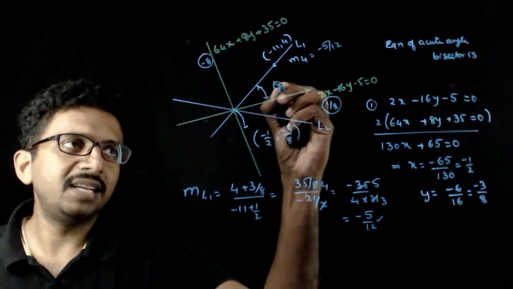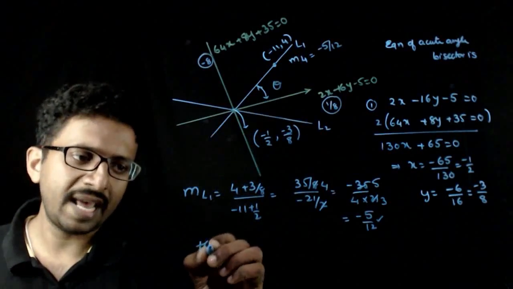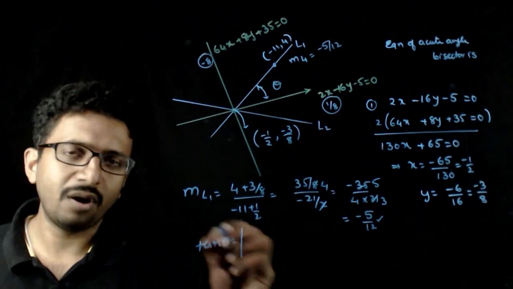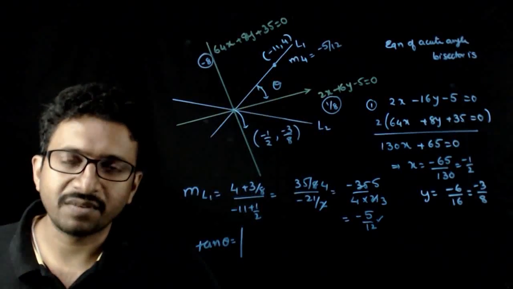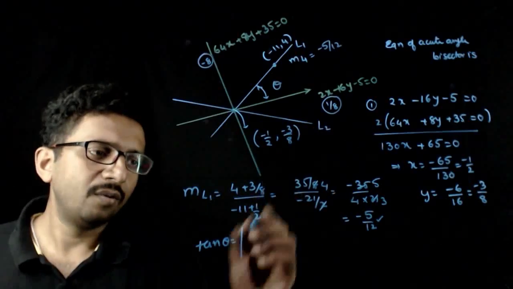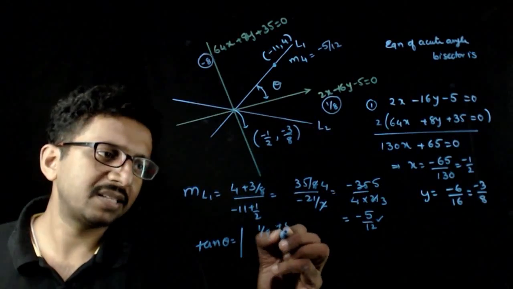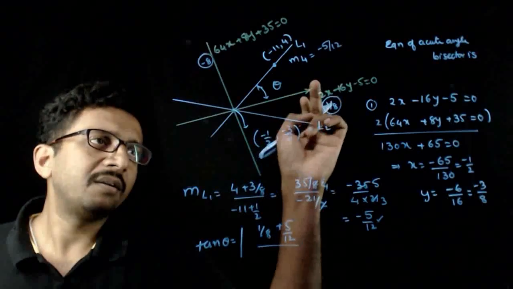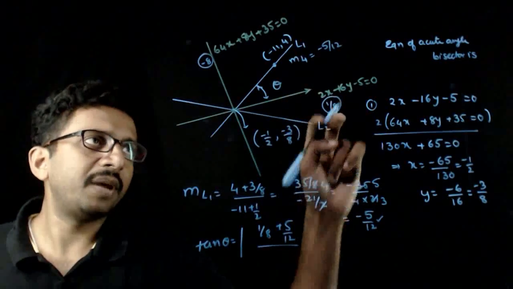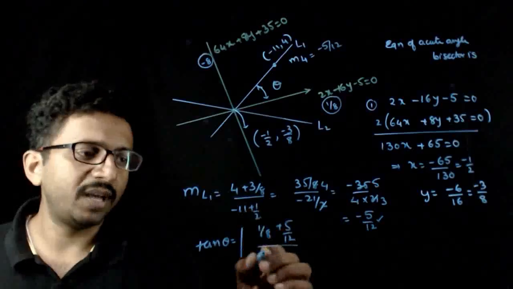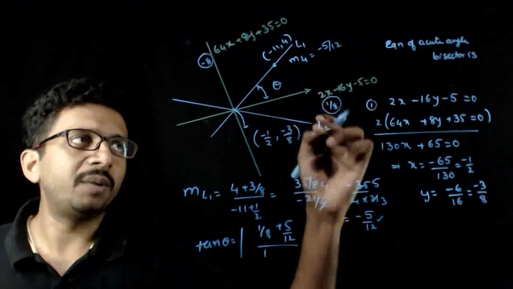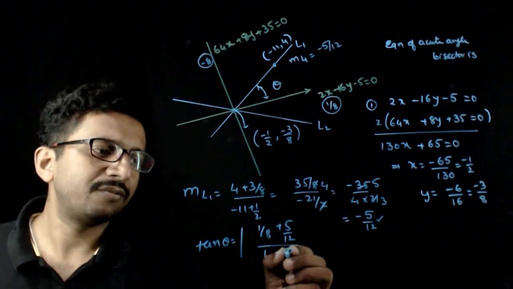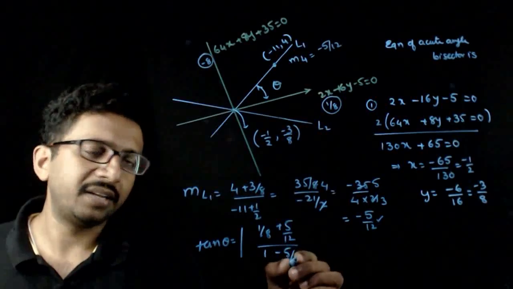If this angle is theta, then tan theta is equal to mod of m2 minus m1 by 1 plus m1 into m2. That is 1 by 8 plus 5 by 12, divided by 1 plus m1 into m2, that is 1 minus 5 by 12 into 8.